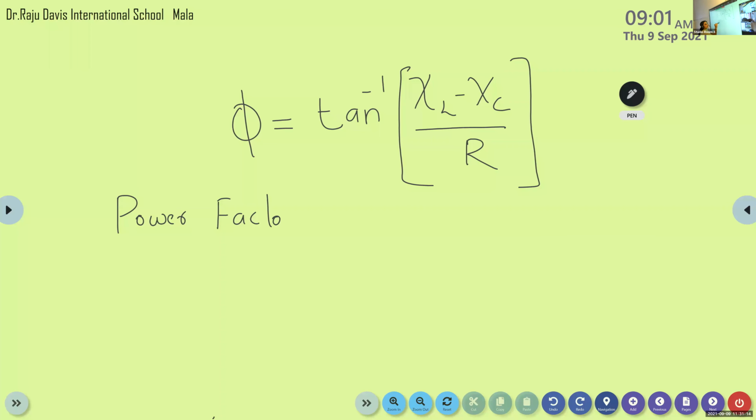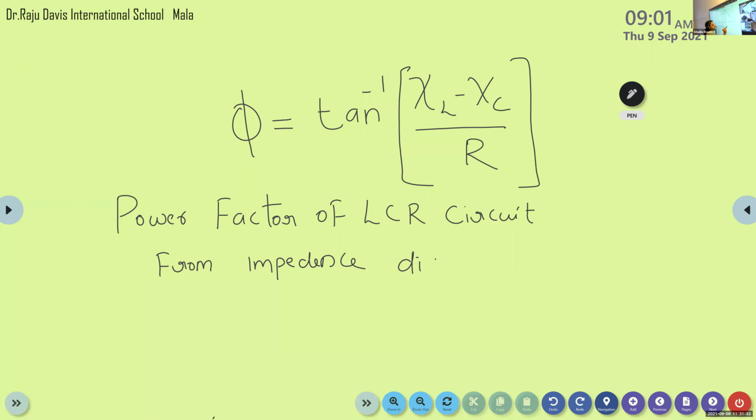This is the power factor of the LCR circuit, from the impedance diagram.